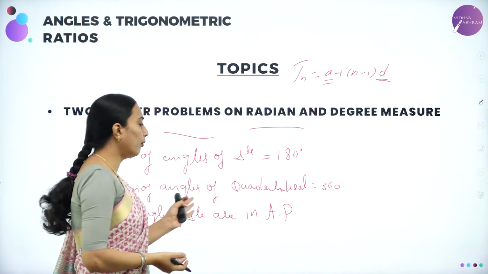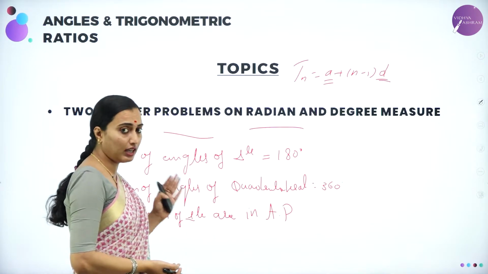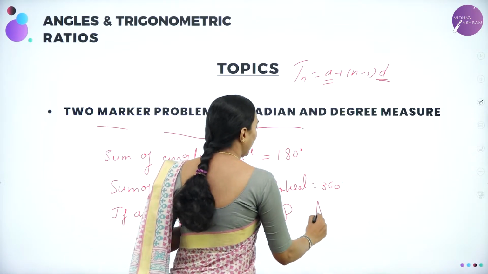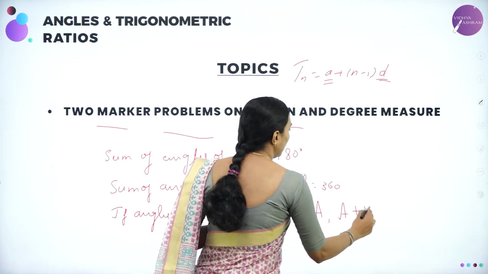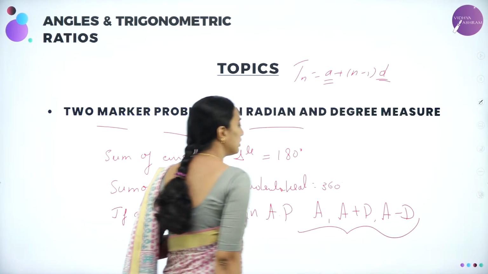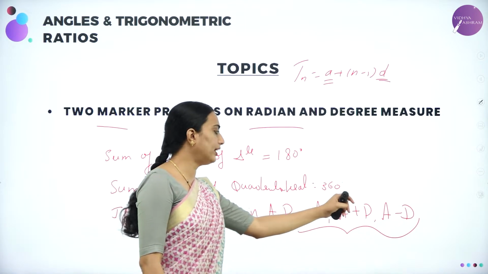So by the formula, the angles of a triangle, if they are in AP, arithmetic progression, you are going to have as a minus d, a, and a plus d. This you are going to consider as the angles. Understood? If they are in AP, a is the initial term and d is the difference.